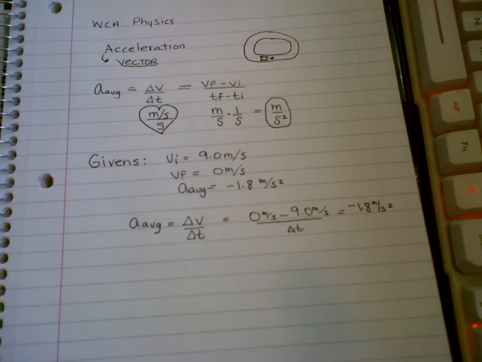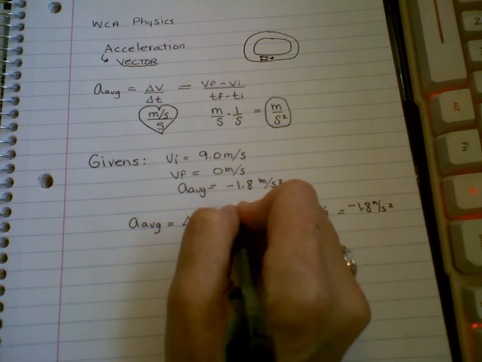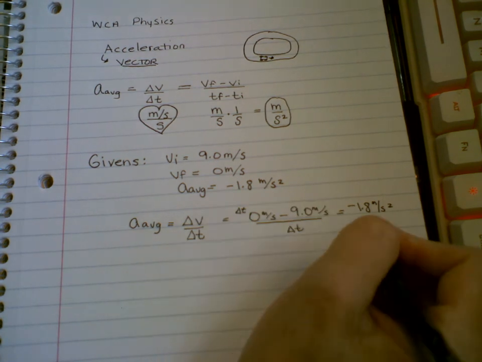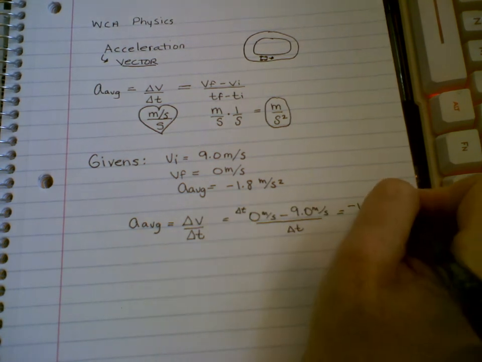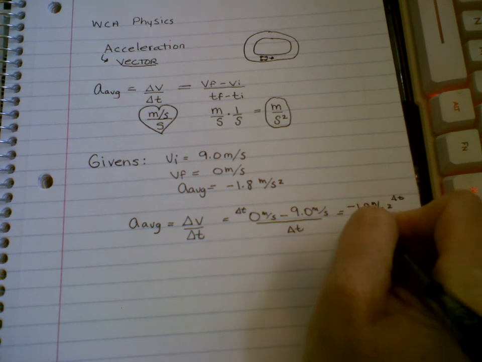To solve for delta t, we need to multiply the left side by delta t. We're essentially cross-multiplying here, multiplying the right side by delta t, and then dividing both sides by negative 1.8.